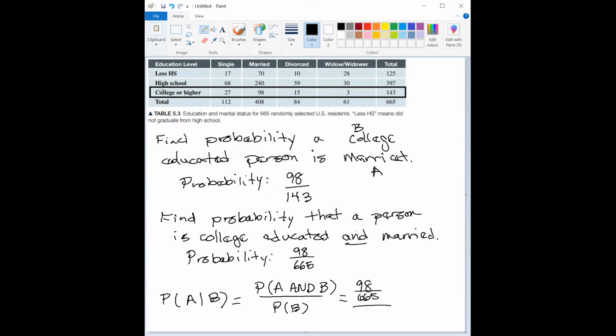How many college educated people are there? There are 143, so you get 143 over 665. And then if you simplify this, you get 98 over 143.